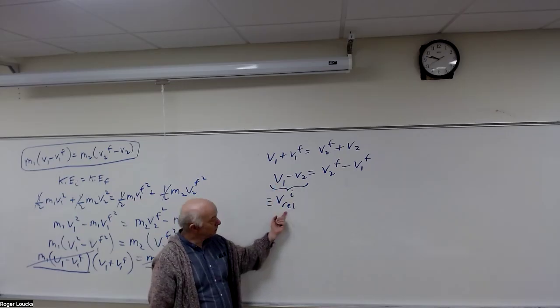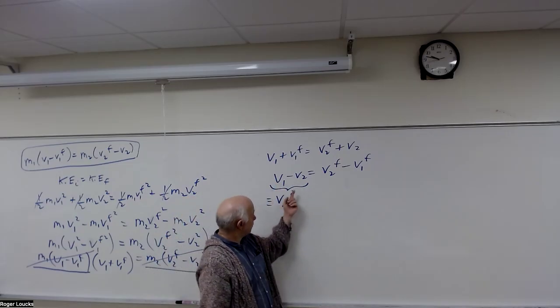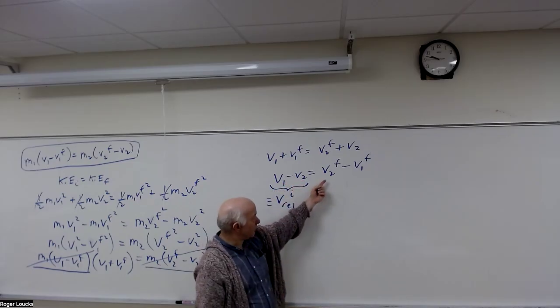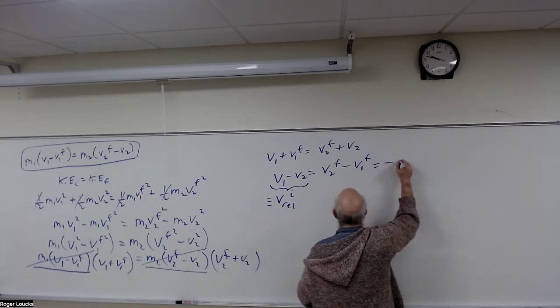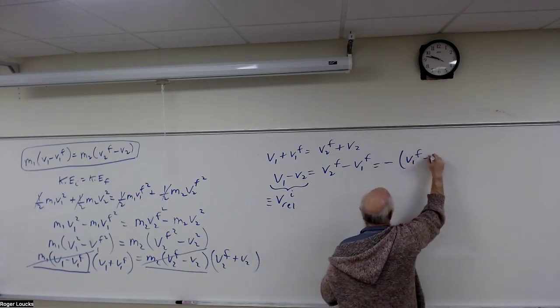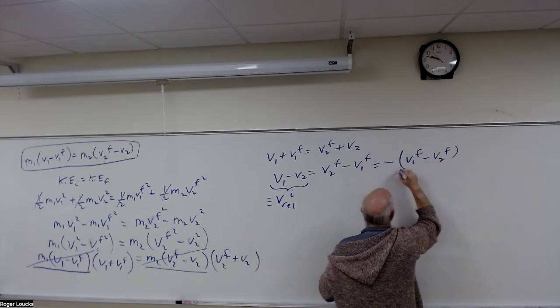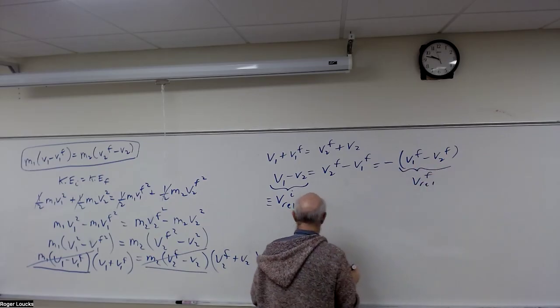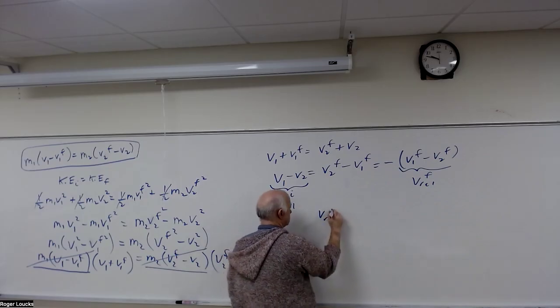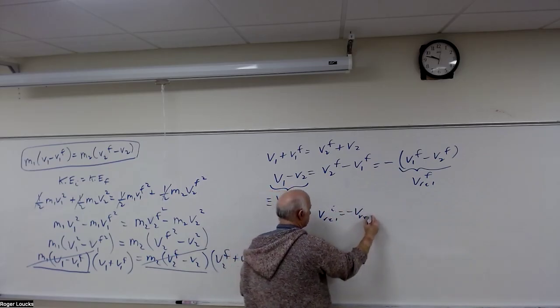So V1 minus V2 is this one here. To write the other side, I have to pull out a minus sign: minus (V1 final minus V2 final), which is V relative final. Therefore, V relative initial equals minus V relative final.